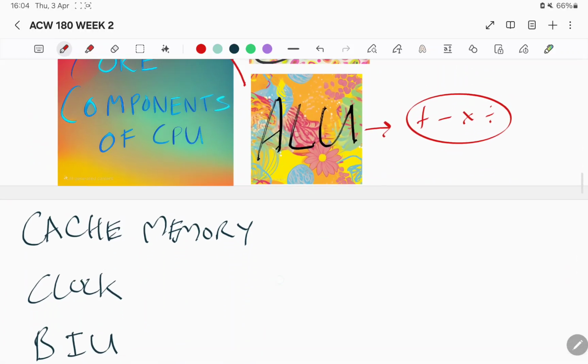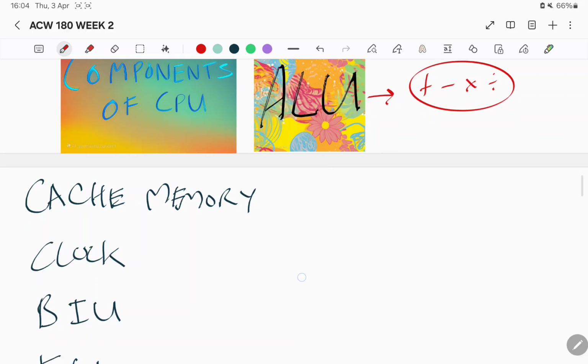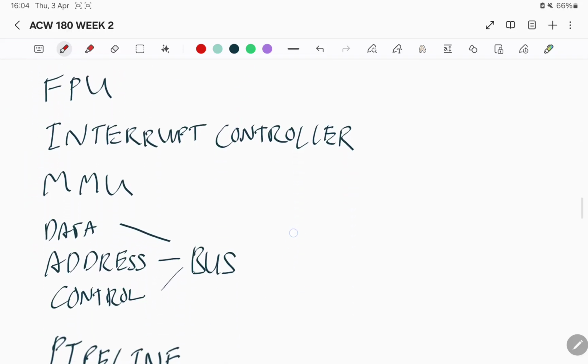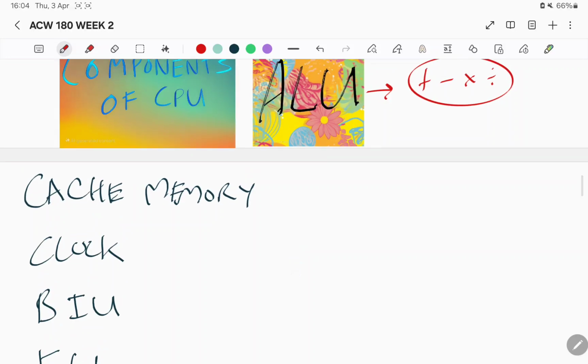Now here are some more components of the CPU. Let me just highlight this one. I have detailed notes inside the kit that I will share with you later, talking about the cache memories.